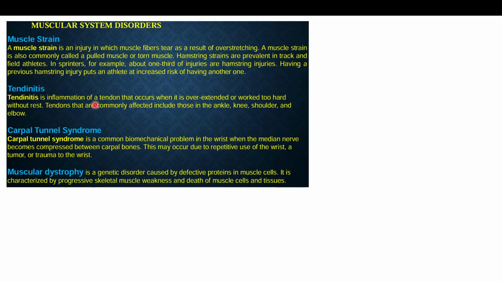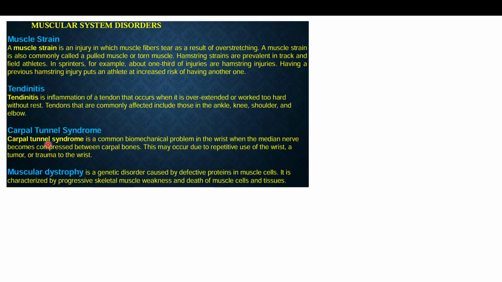Tendinitis is inflammation of a tendon due to overextension, or putting too much strain on the tendons without giving any rest. Mostly these affect the regions around the ankle, knee, shoulder, and elbow.